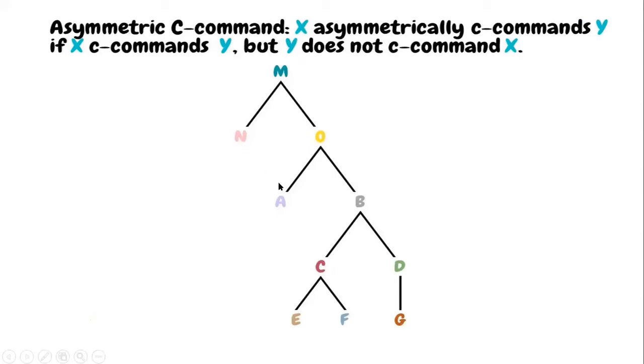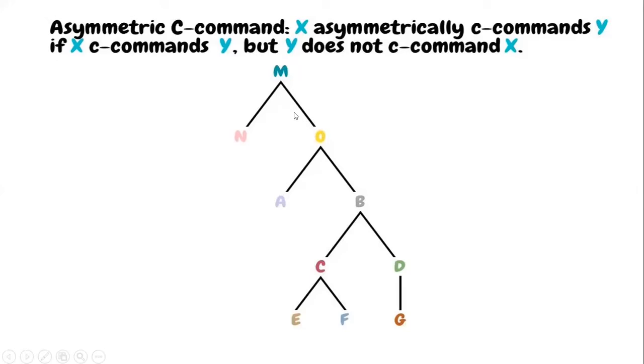Well, let's see. From A, we can go up once, as we said. Then we stop here. That's going up once. As soon as you get another node, that means that you've gone up once.